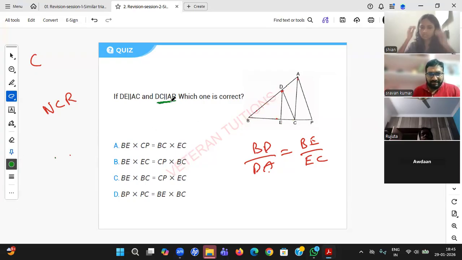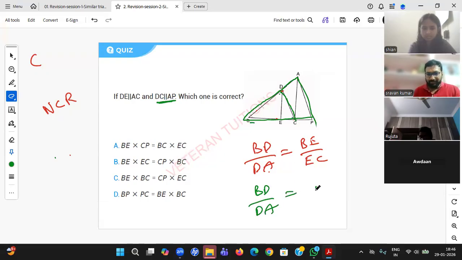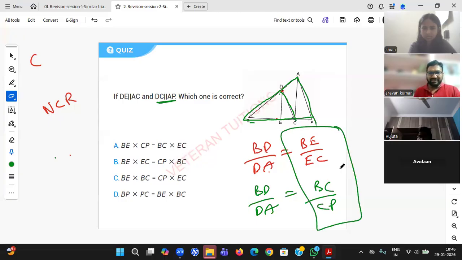Okay, now DC is parallel to AF. DC is here, AF is here. Obviously, I need to construct these triangles so that they both come into the picture. BD by DA equal to BC by CF. Left hand side is equal, so on the right hand side you can cross multiply, and this is the answer. Understood, Rujuta?